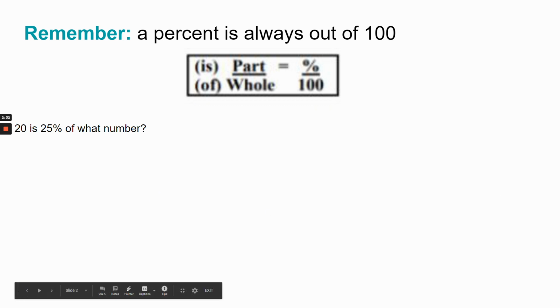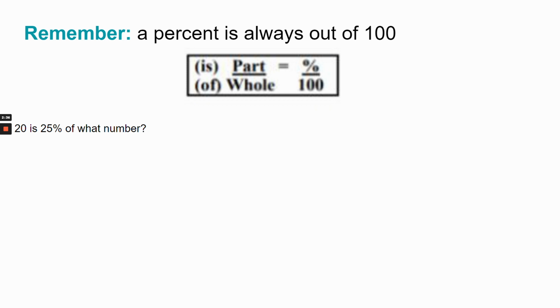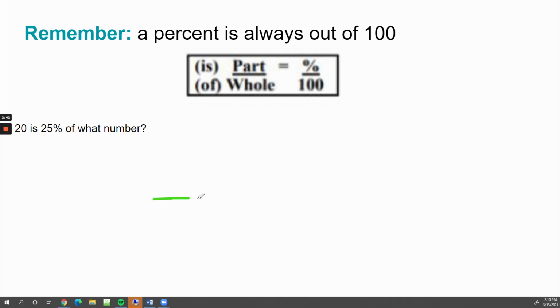We want to find, what is 20, or 20 is 25% of what number? Again, we're going to set up a proportion. It's still the same thing, part over a whole equals percent over 100.